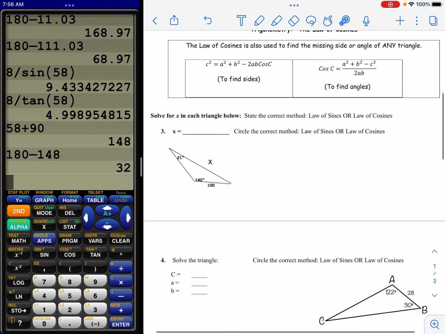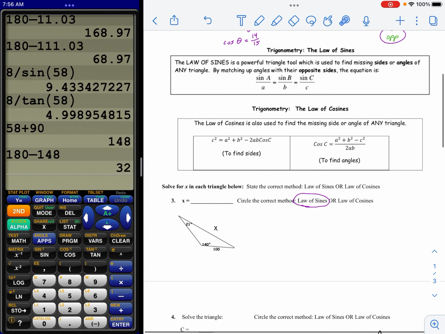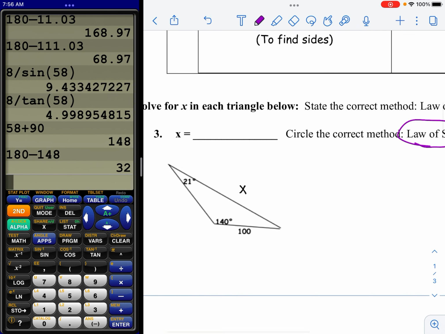Number 3, which method will we do? We are going to do the law of sines this time, because if you remember this formula, you have to have an angle and the side across from it to use this formula, angle A and side A. So down here, I have 21 is across from 100.